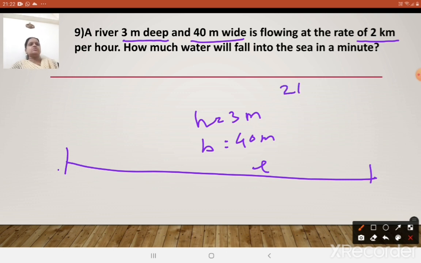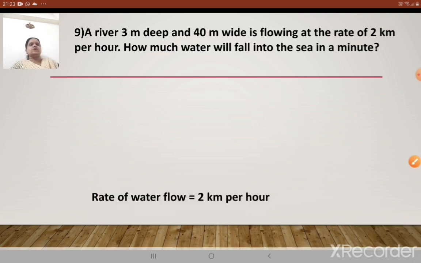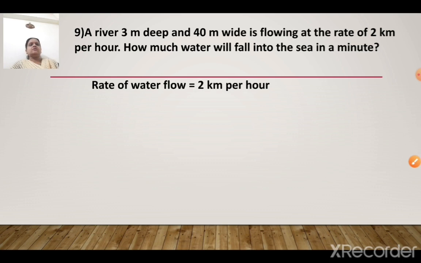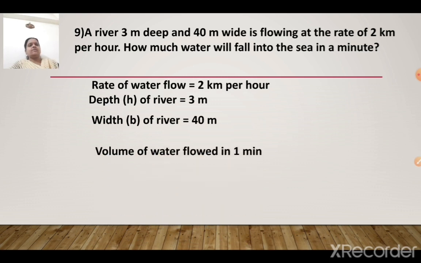Yes, it is given as 2 km per hour, but these values are given in meter, so convert it into meter. So how to convert 2 km per hour to meter? 1 km equals 1000, so 2000 upon 1 hour, we have to convert it and find it in meter. So let us see the solution. The rate of water flowing is 2 km per hour, depth h equals 3 meter, width equals 40 meter.